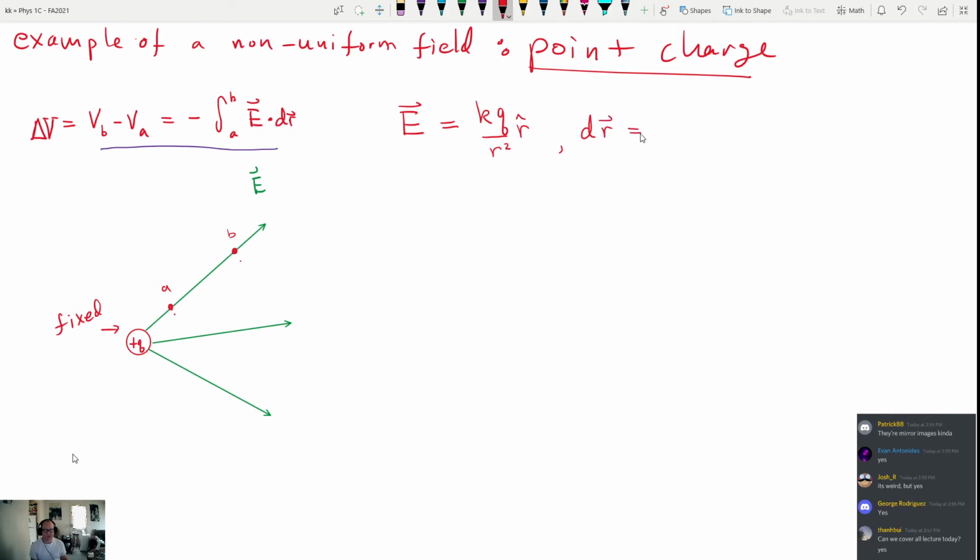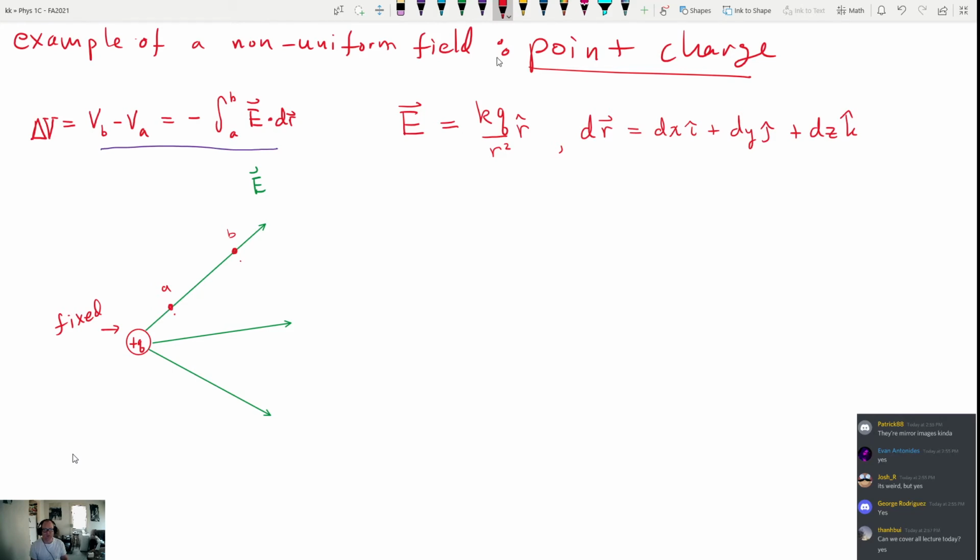One way is to write dr as dx i hat plus dy j hat plus dz k hat. Or sometimes if r already shows up in the problem, like it does in this case, we might not even have to do it.